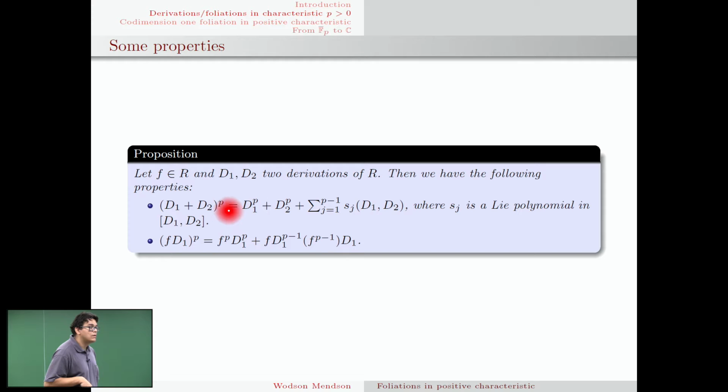No, you wrote a sum of p minus 1 polynomials there, right? Maybe there is something wrong here. And also, I don't think it's a Lie polynomial in D1, D2. It's just an iterated bracket, right? Yeah, so it's D1 and D2. Here you give the impression that you are raising the bracket to a power, and that's not what you're doing.